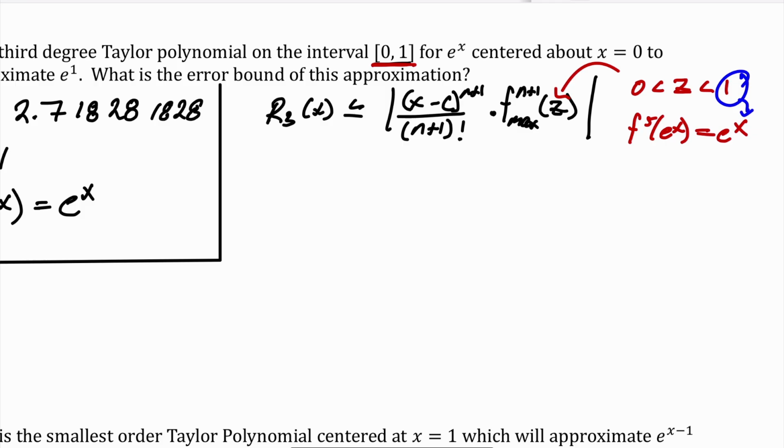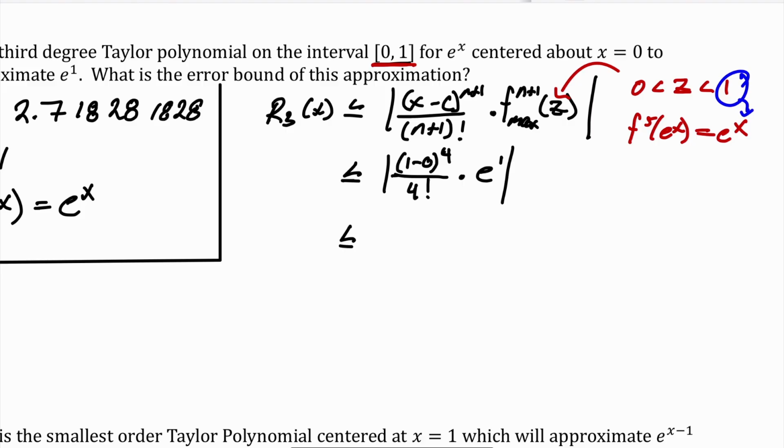Now we can go ahead and use that. So let's fill in the blanks. We're going to have x minus c to the n plus 1. So that's going to be 1 minus 0 to the fifth, to the fourth, over 4 factorial, and that's going to be times e to the first.